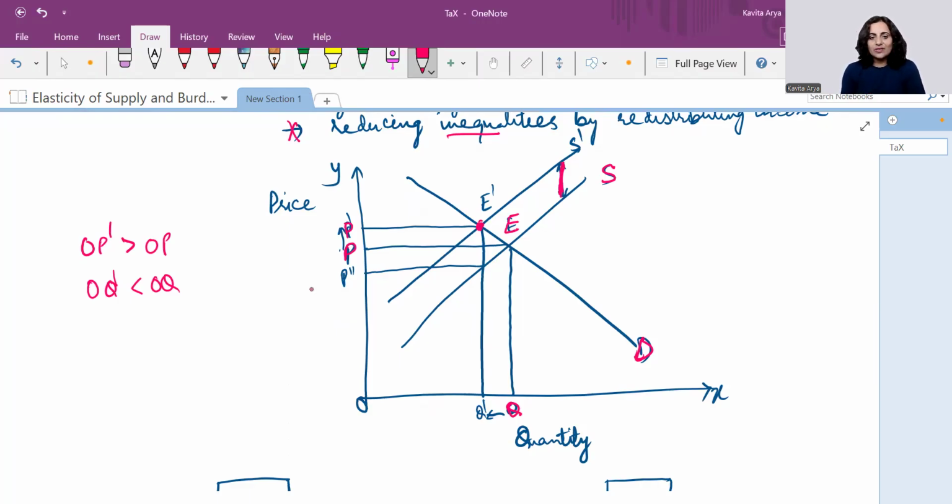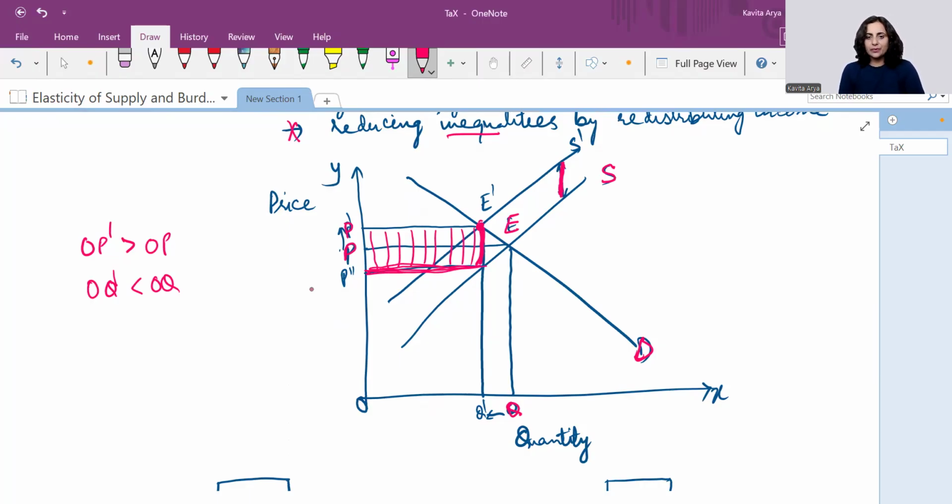So in this case, what is the tax revenue? The tax revenue is this whole area. Why this whole area? Because per unit tax is this. See, this vertical distance between S dash and S is the per unit tax, and the new quantity traded is this much. So the area of a rectangle is length into breadth, and this way we can find the tax revenue.